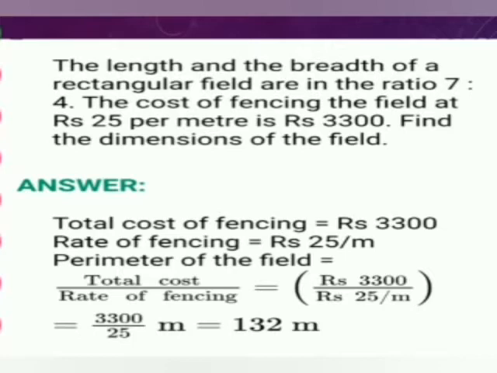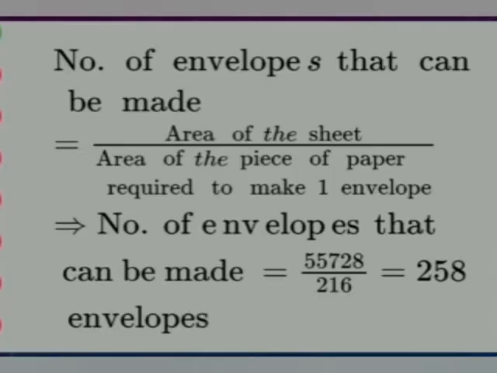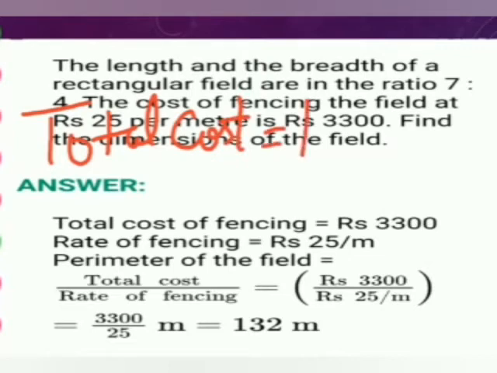So let's discuss this. First of all, let's understand what we are doing when we calculate the total cost. Total cost is equal to the perimeter multiplied by the rate, if fencing is done, and it provides us the total cost.